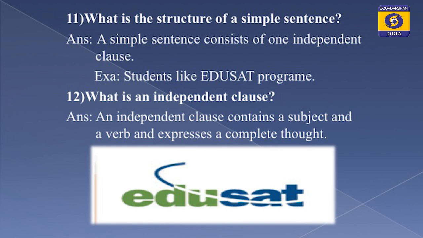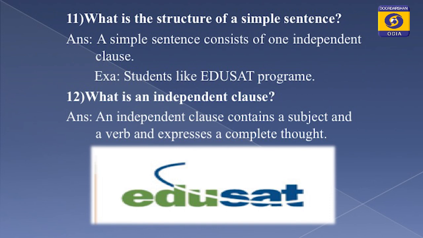So, how can we identify a clause? At first, we should look at which one is the finite verb in the sentence. Students like EDUSAT program, in this sentence like is the finite verb, so there is only one finite verb in this sentence.